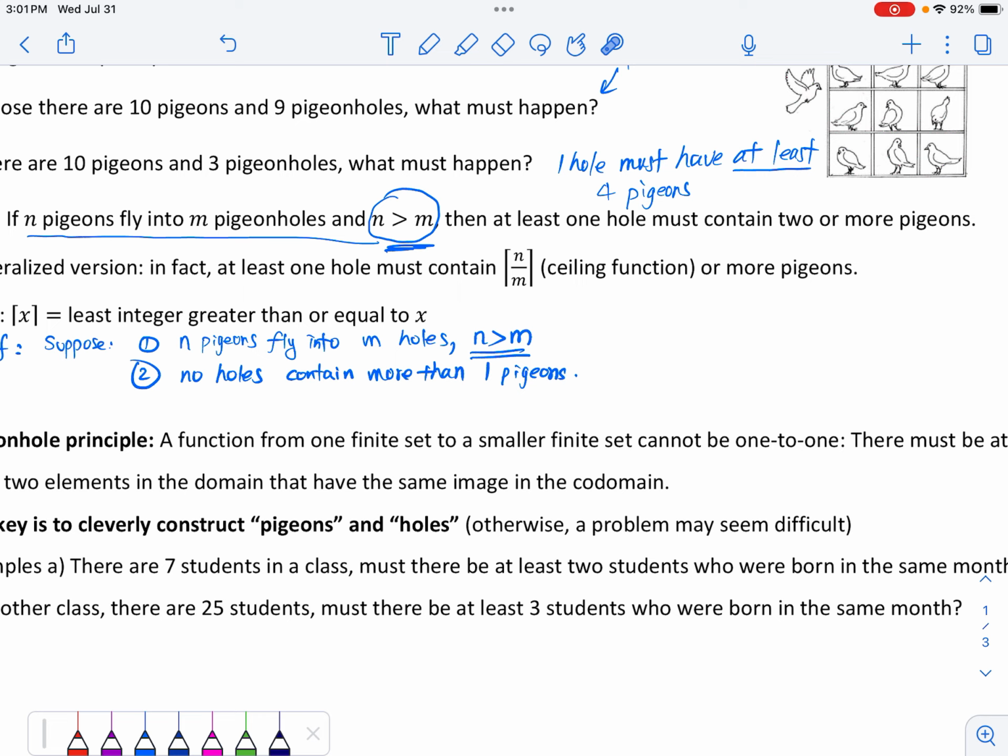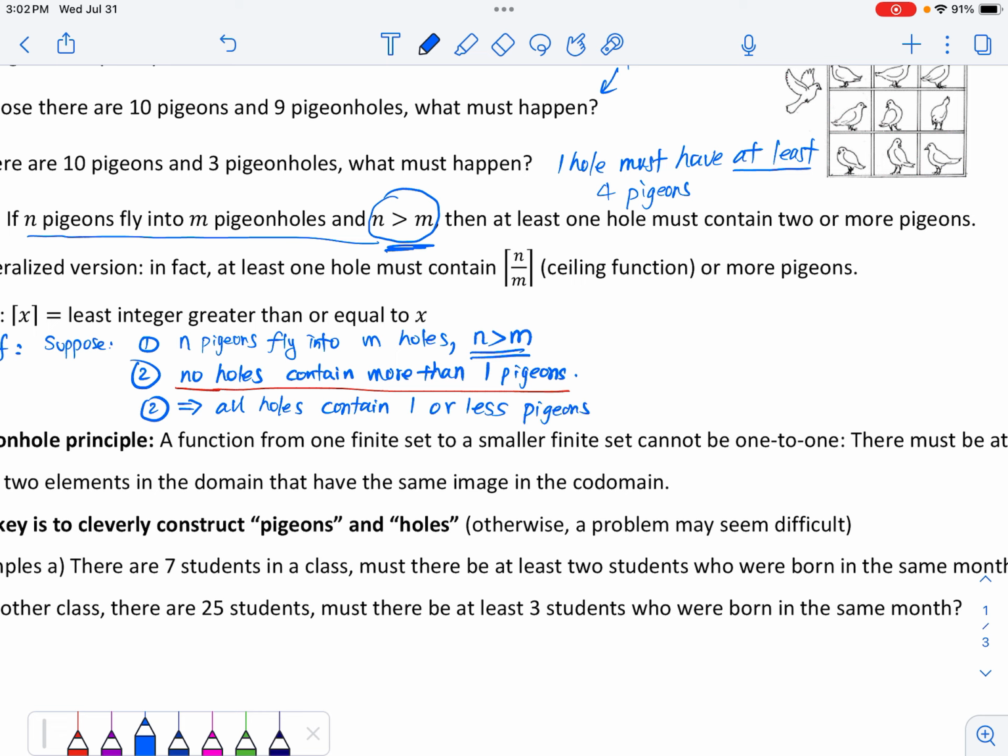We want to derive a contradiction. So now, no holes contain more than 1 pigeon. This statement number 2 is equivalent to, that means it implies, all holes contain 1 or less pigeons, because no hole contains more than one pigeon.